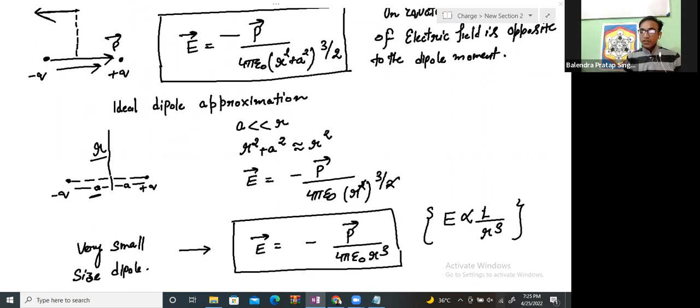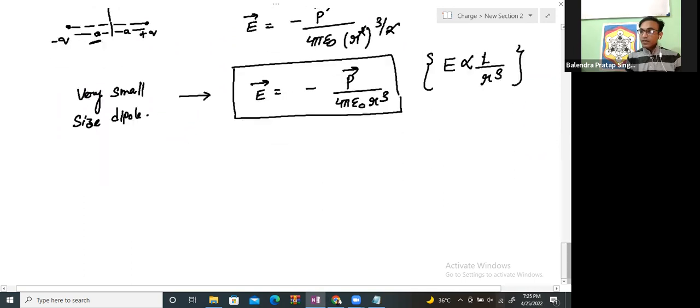Next, I'm going to differentiate what is the difference between electric field on axial and equatorial line. What is the difference? So let me discuss. So write a small note.